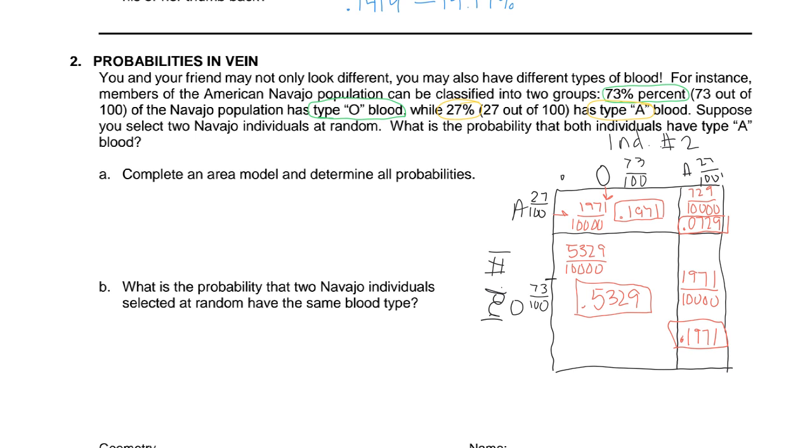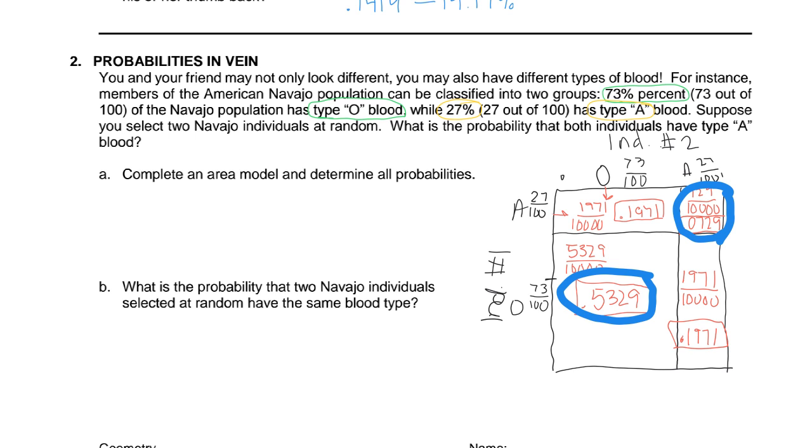There's a couple different possibilities for this. One possibility could be that they both have A, which would be this one right here. The other possibility is that they could both have O, which would be this one right here. So now it's not just one box, but two boxes. And that's pretty easy to handle.